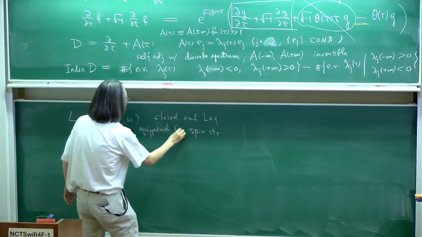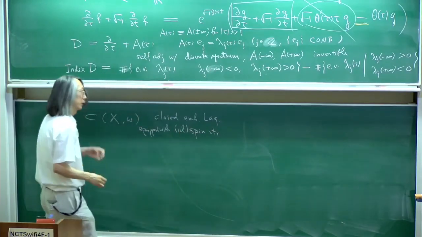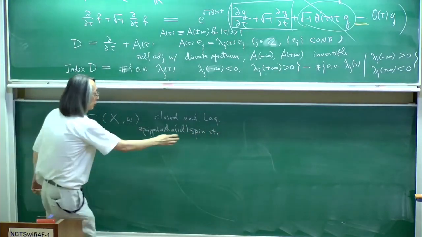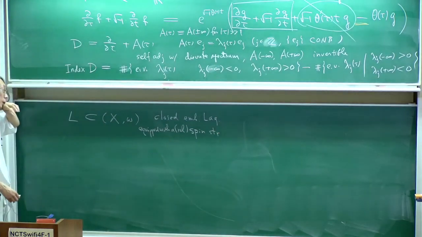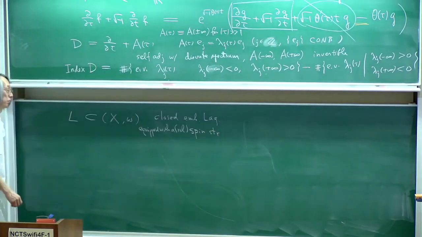More precisely, more generally, we have a notion of so-called relative spin structure, but today I just use an ordinary spin structure. So let's consider L, a closed embedded Lagrangian submanifold equipped with a spin structure.